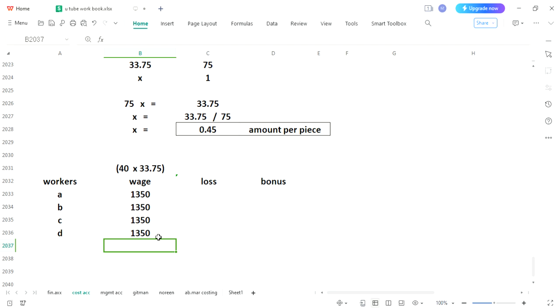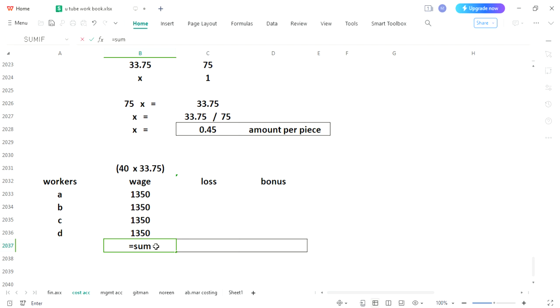In this way we can calculate the total of wages which the workers had received. Total were four workers, and here when you will calculate the sum, it means total four workers have received an amount which we will calculate right now.